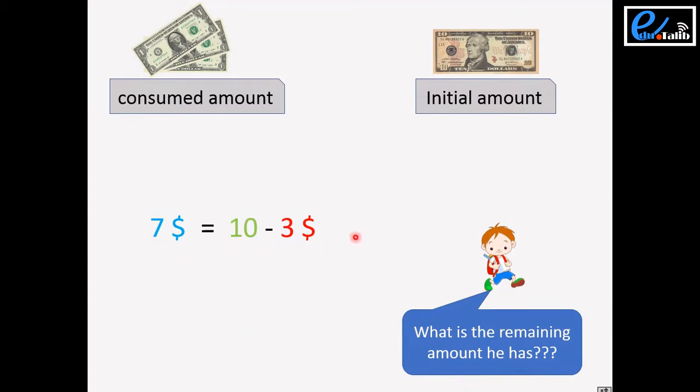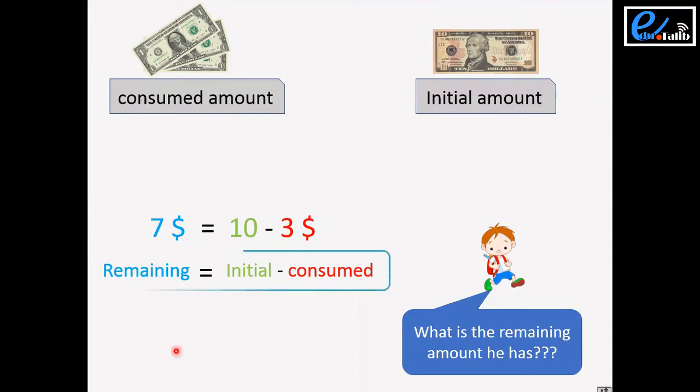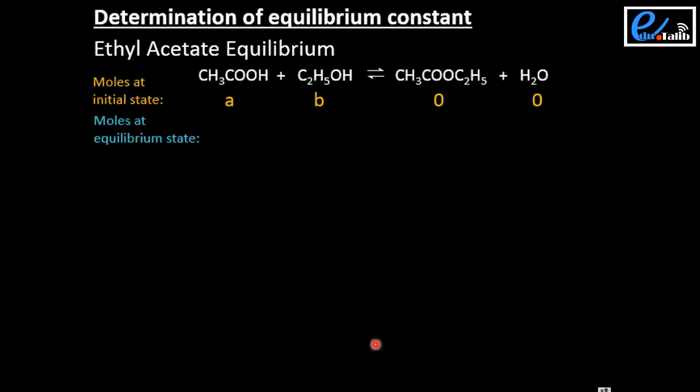So both of these are the same. Here the remaining $7 is equal to the 10 initial dollars he had minus the $3 that was consumed. So the formula is: remaining equals initial minus consumed. Keeping this formula in mind, we can find the moles at equilibrium.